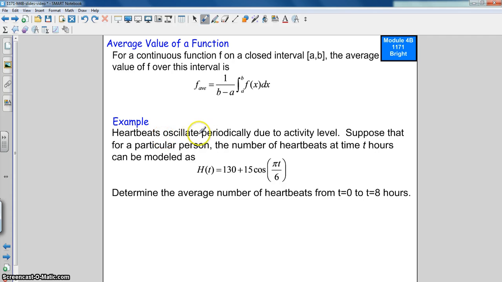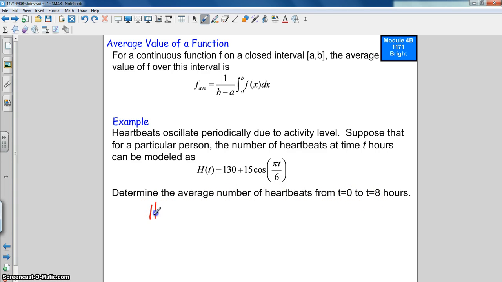So for example, heartbeats oscillate periodically due to activity level. For a particular person, their heartbeats, and this hours might be a little much, but we'll leave it in hours for now, can be modeled as this. We want to determine the average number of heartbeats from t is 0 to t is 8.